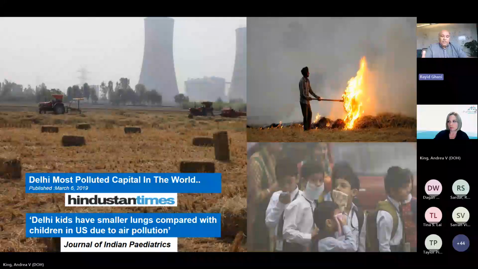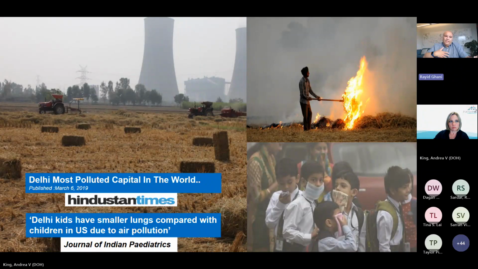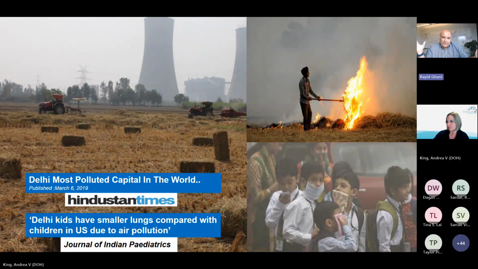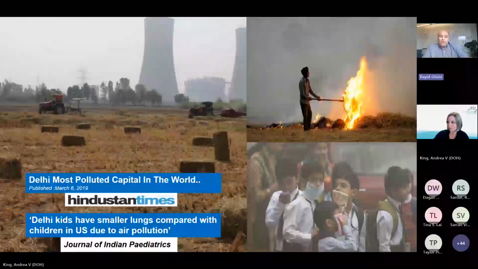When they've harvested the crops, they have to clear the fields in order to plant the next set of crops. And the cheapest way to clear the field is to burn it. It's more expensive to actually go out and take things out. So a lot of the farmers there burn the stubble after things have been harvested, such as rice, and that's one of the major sources of pollution.